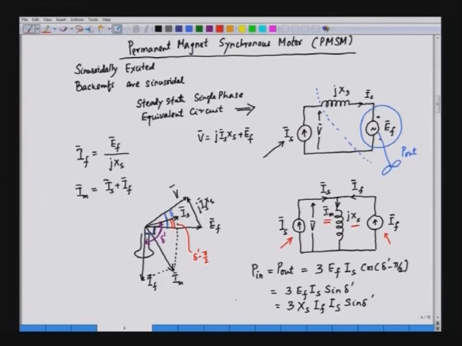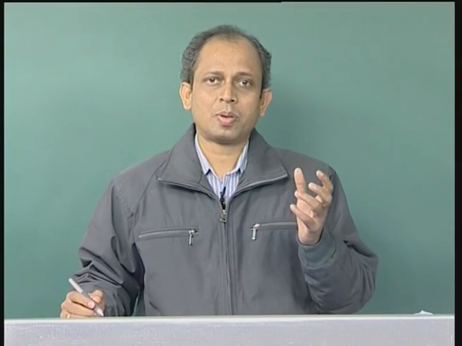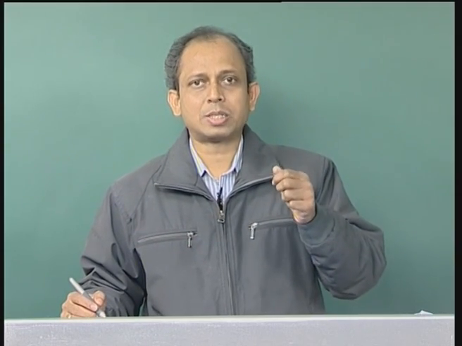Now, in the phasor diagram, the field is along the d axis, and the field induced EMF is along the q axis. The magnetizing current is the result of the field current and the stator current.